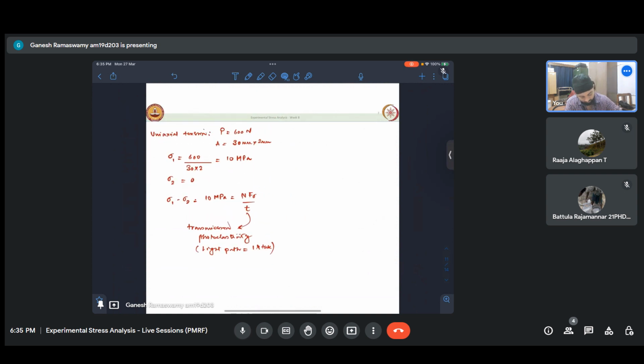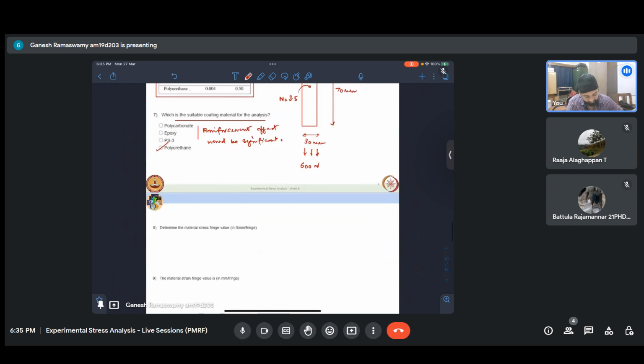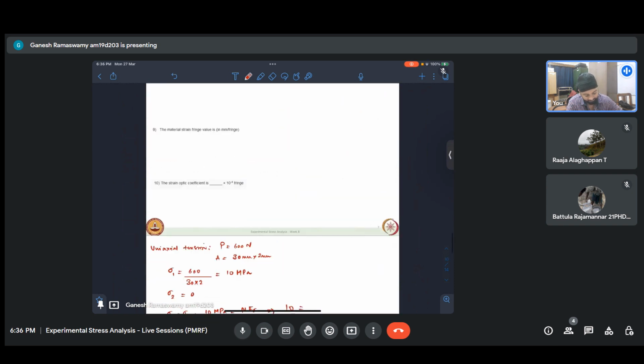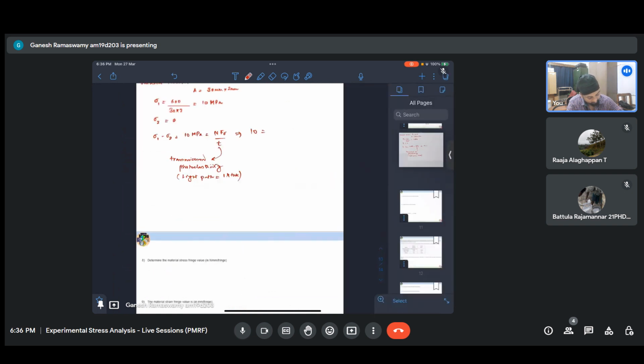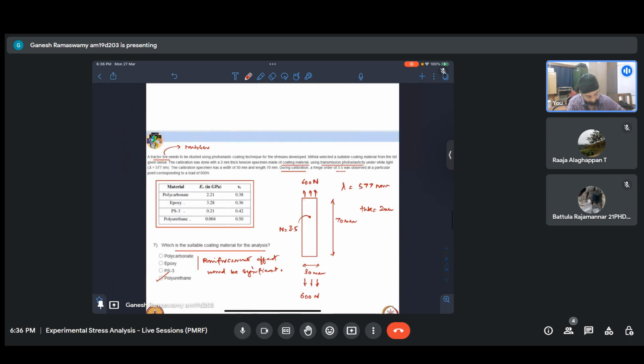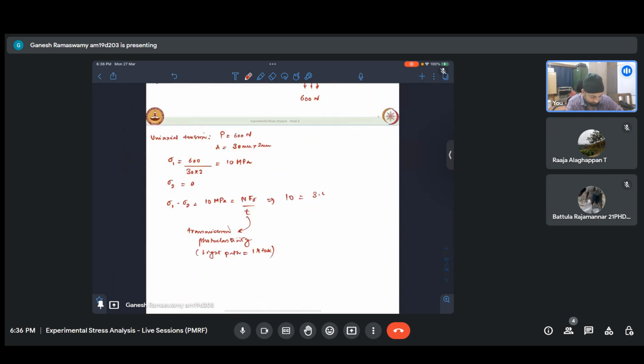That being the case, 10 equals the fringe order observed, 3.5, into F sigma by thickness, which is 2.